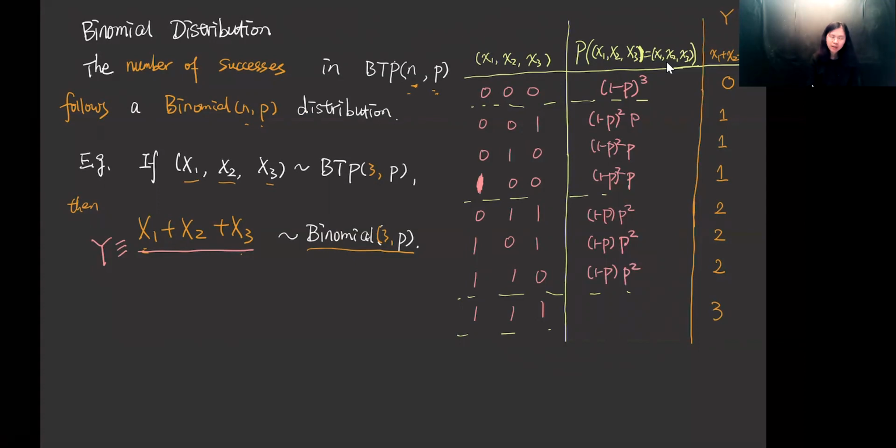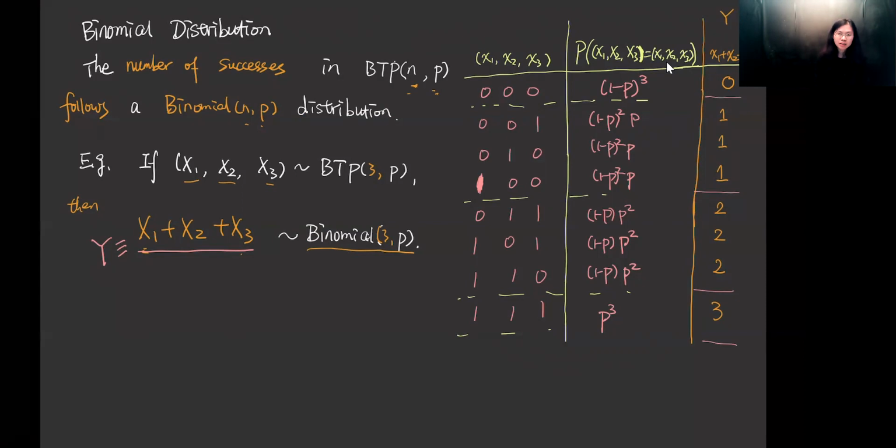And the probability of having 3 successes in the process is p to the power 3. Now the value of Y corresponding to each of the outcomes for the Bernoulli trial process can be calculated by summing up the 3 numbers. So it's 0 for the first line, and 1 for the next 3 outcomes, and 2 for the next 3 outcomes, and 3 for the last outcome.